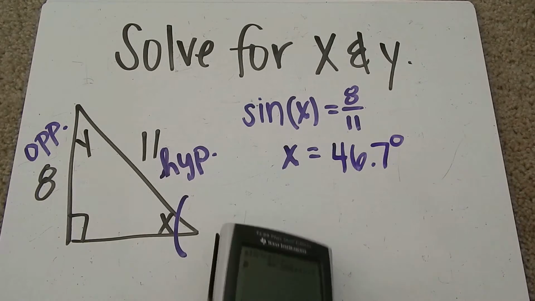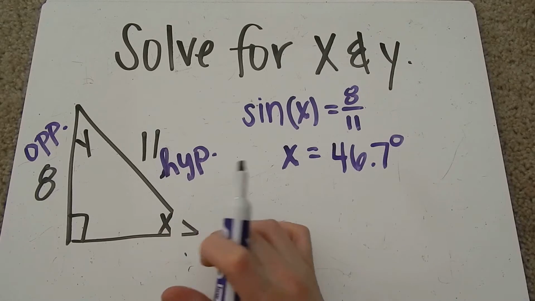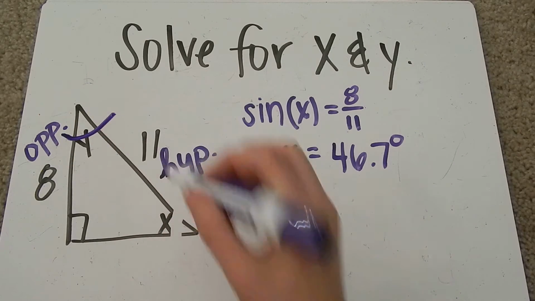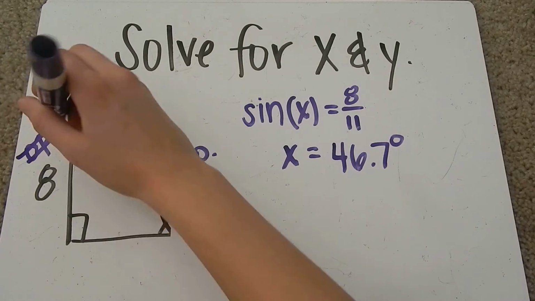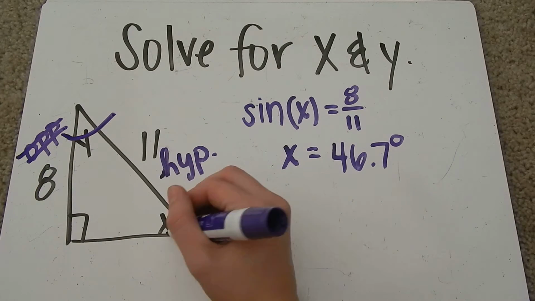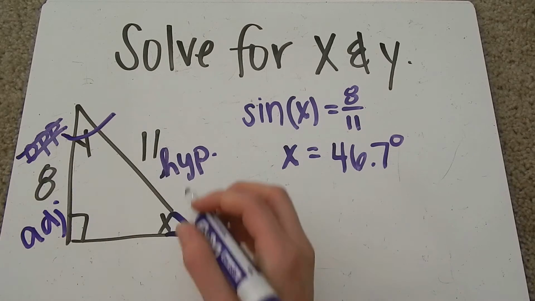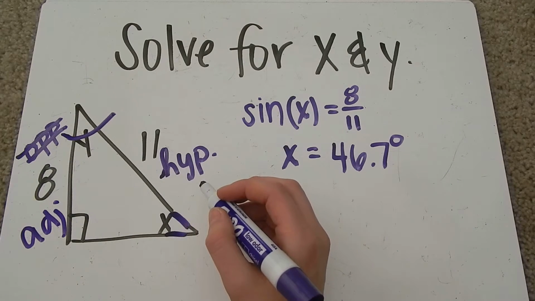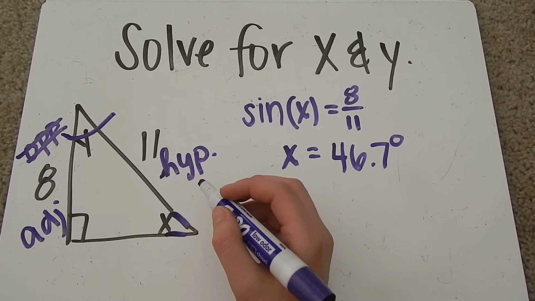Okay, easy enough. Now we want to solve for y. So now I'm no longer looking at this side, I'm looking at this side. So 8 is actually no longer the opposite side. Now it's the adjacent side. The hypotenuse will always stay the same, but the opposite and adjacent sides will switch when you're looking at a different angle.